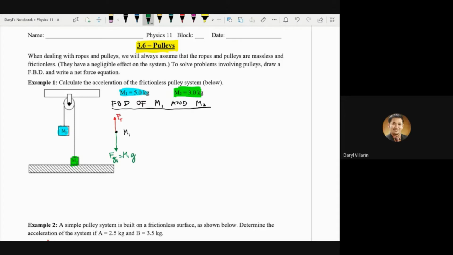Again, it's not gravity, but acceleration due to gravity. So the magnitude of the weight of the first object is 5 times 9.8. I will not be rounding off yet because the main question is calculating the acceleration, so whatever value that gives me, I'm going to write it down. So that's 49 newtons, okay?